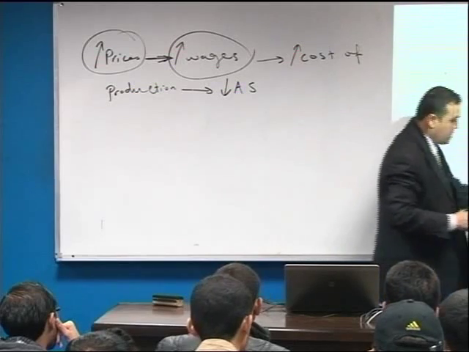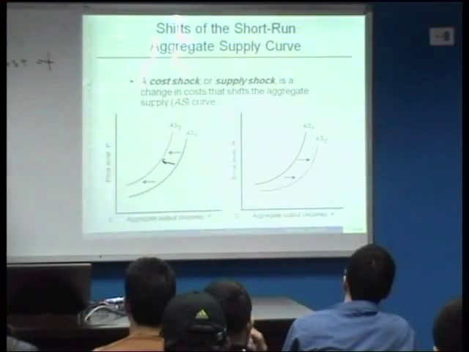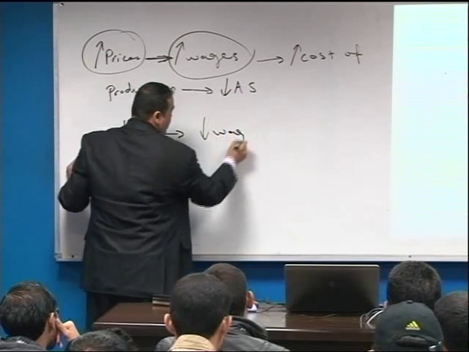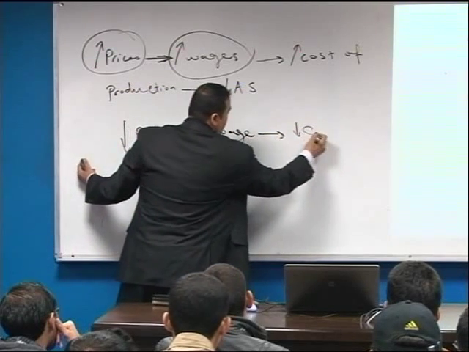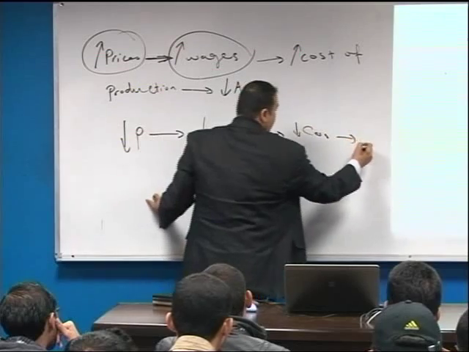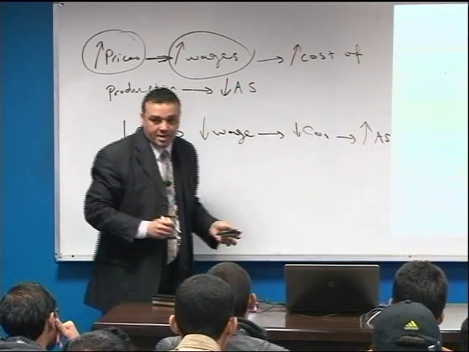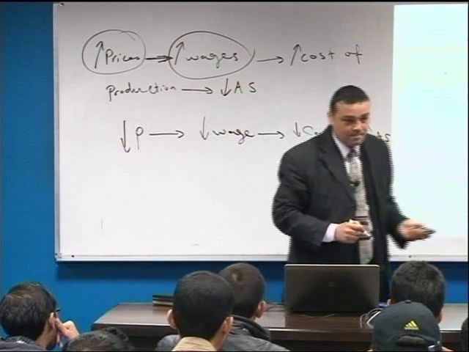And here, as you see, if the prices decline, it leads to decreasing the wages by the same amount, decreasing the cost of production, and then finally the aggregate supply would increase. So there is a rightward shift in the aggregate supply curve. صعبة؟ تمام.